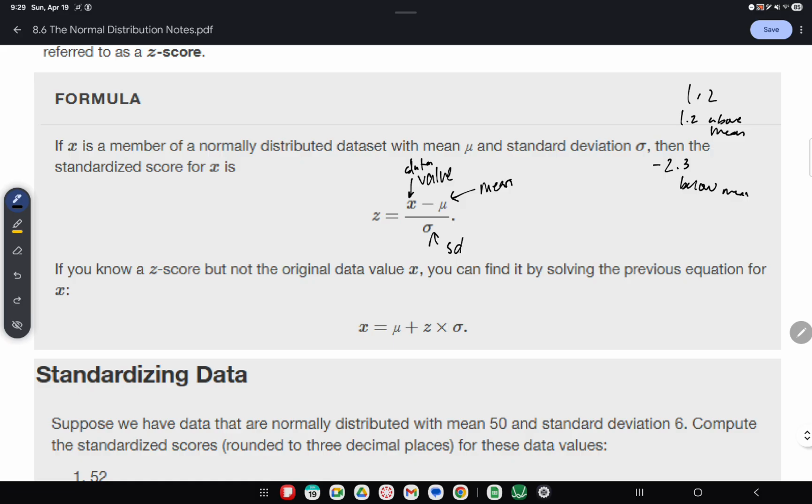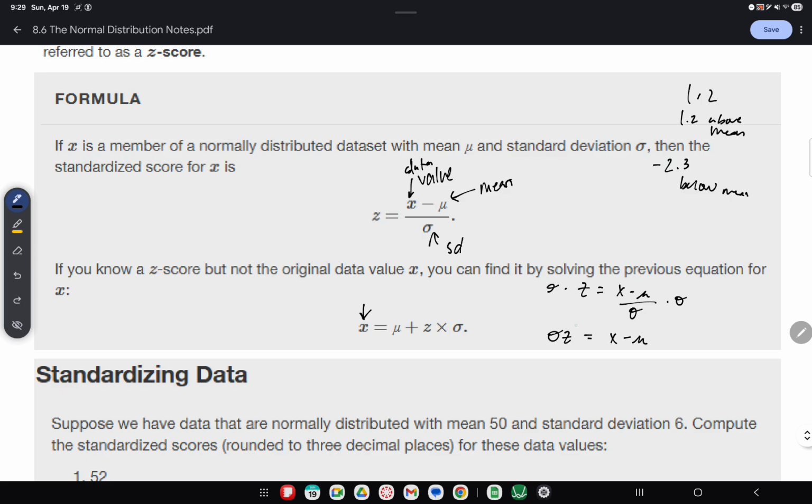If we don't know the actual data value, we can rearrange this equation with some algebra and solve for x. I'm going to show that instead of just leaving it at just believe this. So I have z equals x minus the mean over standard deviation. I would multiply both sides by the standard deviation, so I've got standard deviation times z equals x minus the mean.